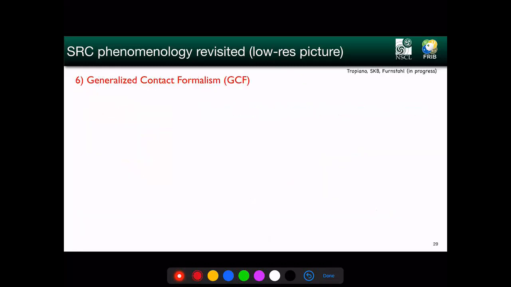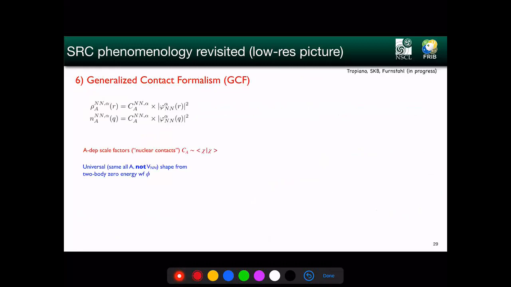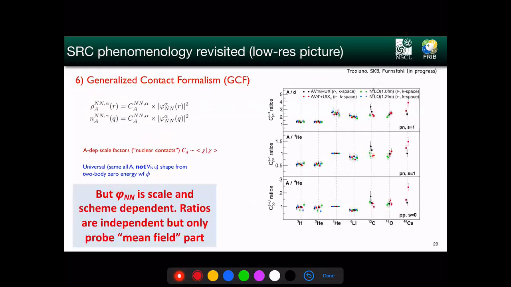And what about the GCF? Just a reminder that the main object in this GCF, besides these two-body wave functions, is these so-called nuclear contact coefficients. And the point is made in this literature that when you take ratios, the scale and scheme dependent pieces cancel out.